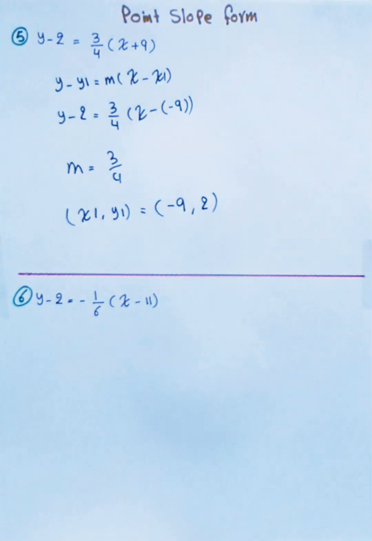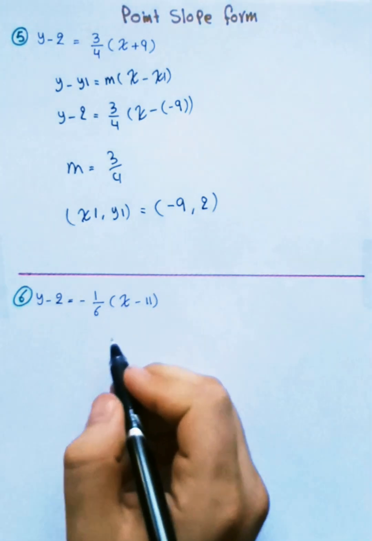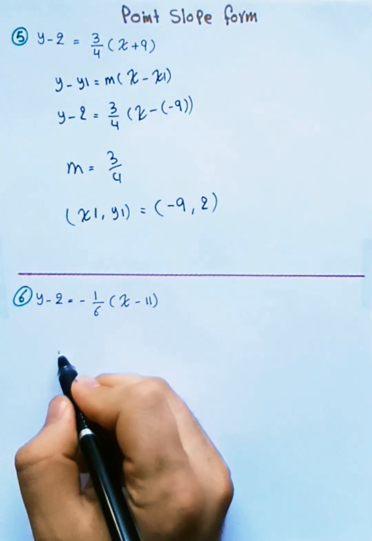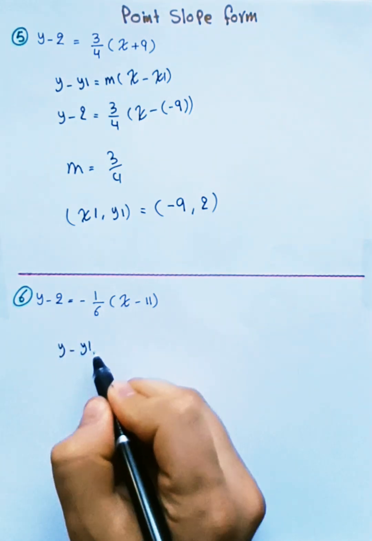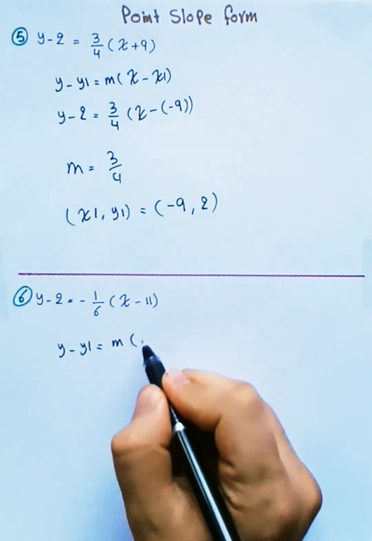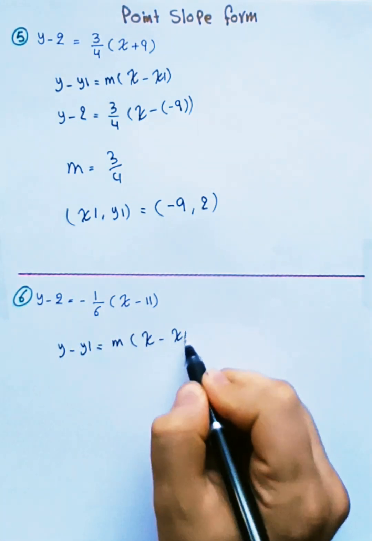Example number 6, we have y minus 2 equal to negative 1 out of 6 multiplied by x minus 11. You have to rewrite this equation in point slope form: y minus y1 equal to m times (x minus x1).